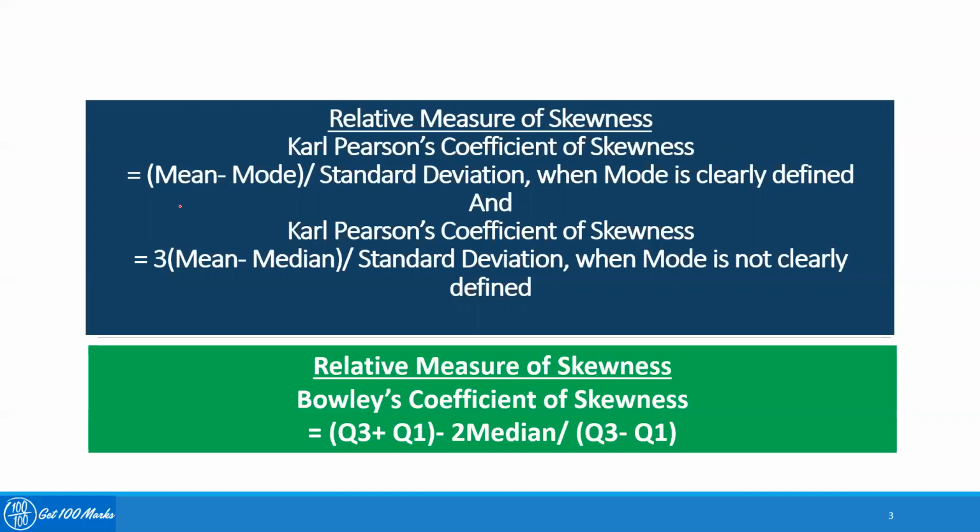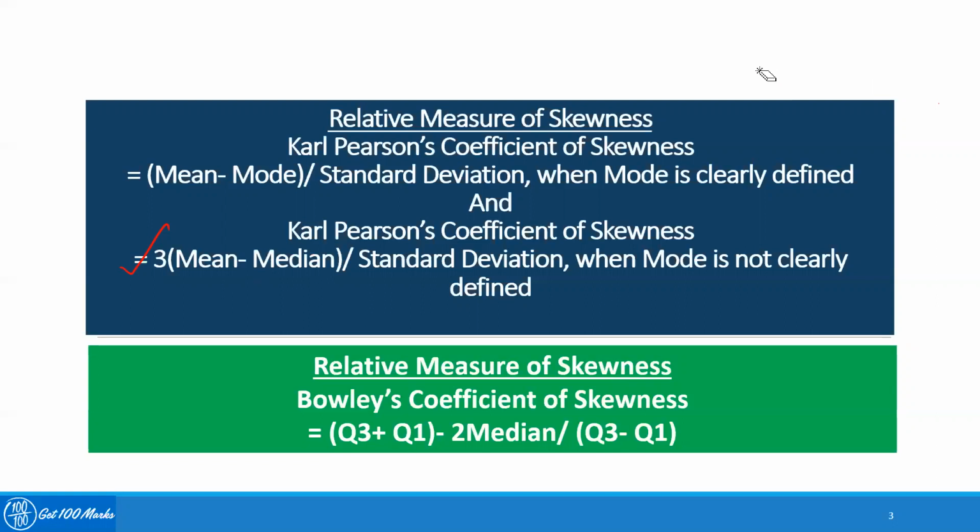If we fail to identify the mode clearly, then we use the second formula, 3 into mean minus median. Basically, we have substituted the value of mode in terms of mean and median. Mode is equal to 3 into median minus 2 into mean. Substituting in the first formula, we get 3 into mean minus median divided by the standard deviation.